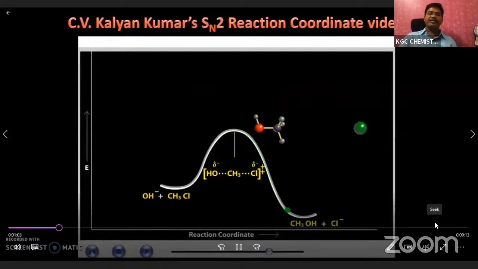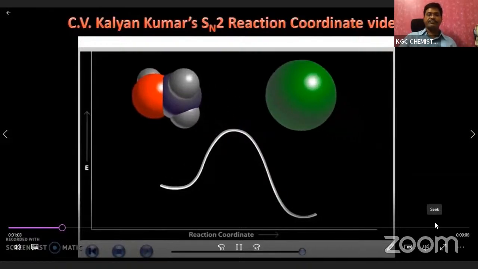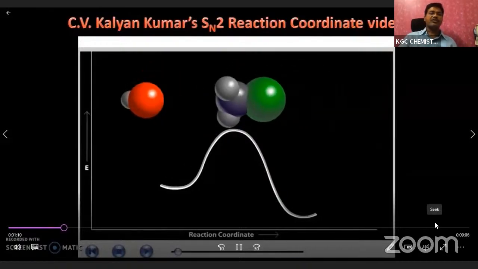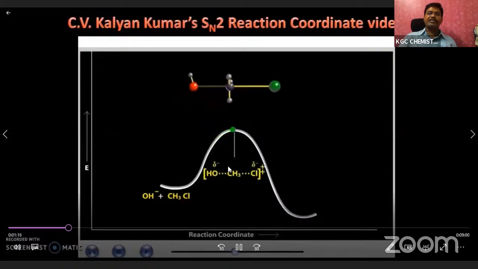See, this is an energy profile diagram of the SN2 reaction. This is going to be the transition state, and this is going to be the product form.